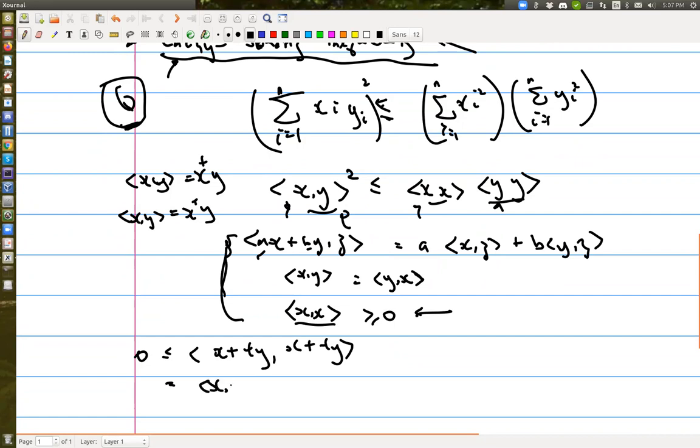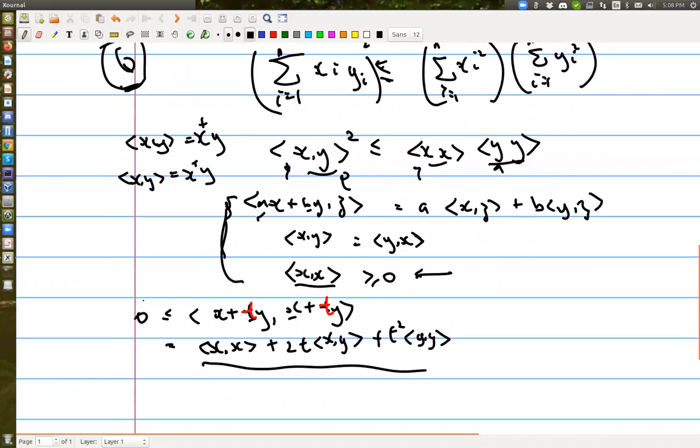I have XX plus, with tY multiplied by X and X multiplied by tY, two of them, 2t XY. By the way, t here is a scalar, and X and Y are vectors. Plus t squared YY.